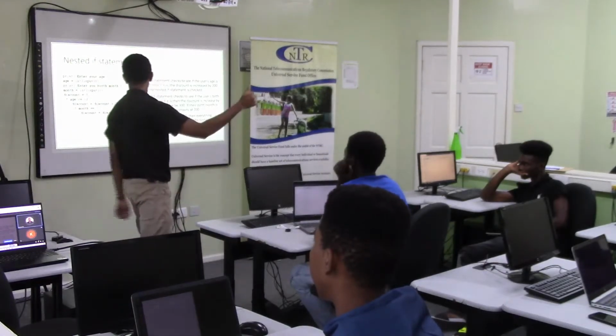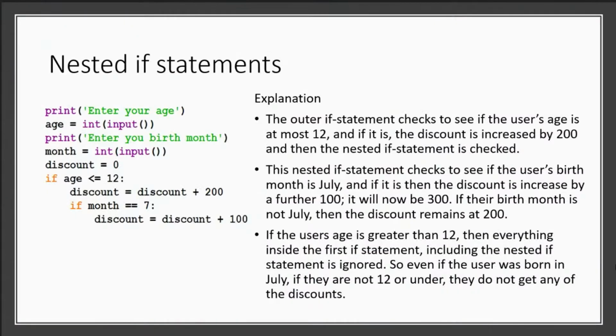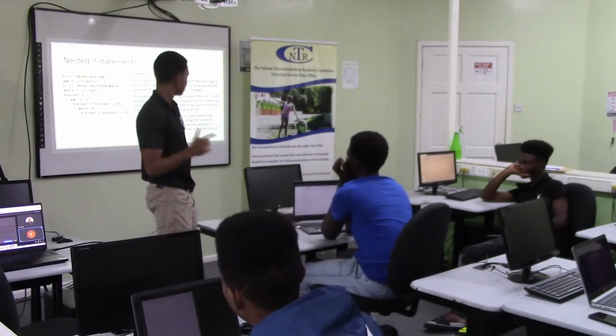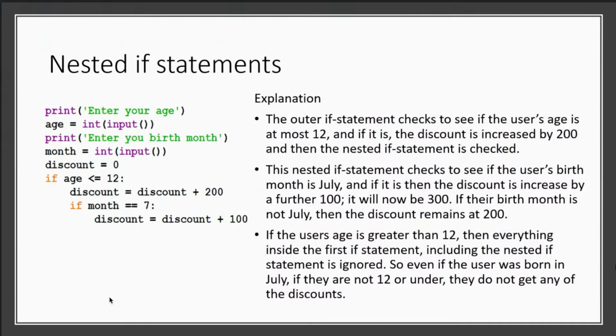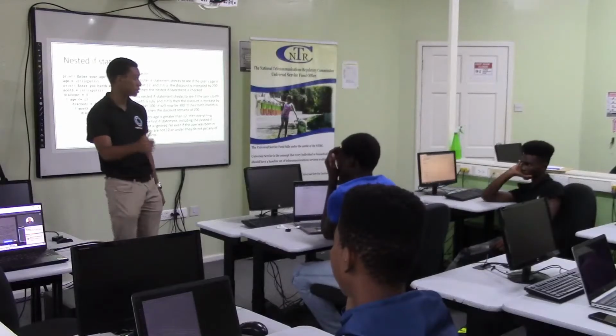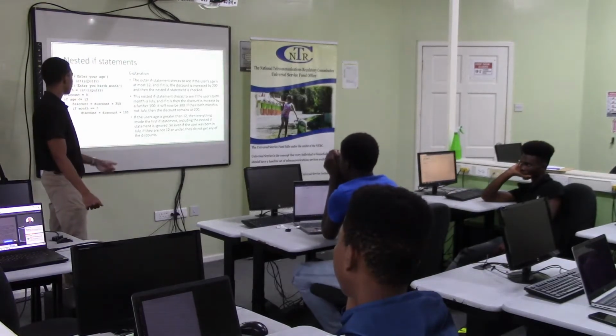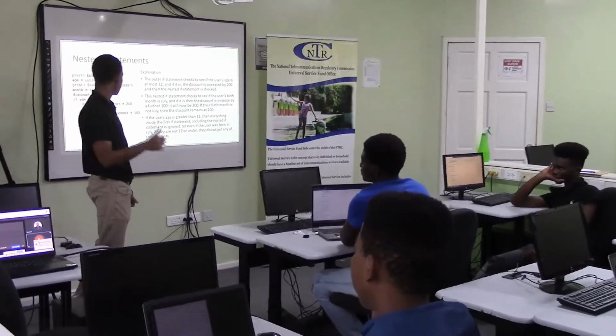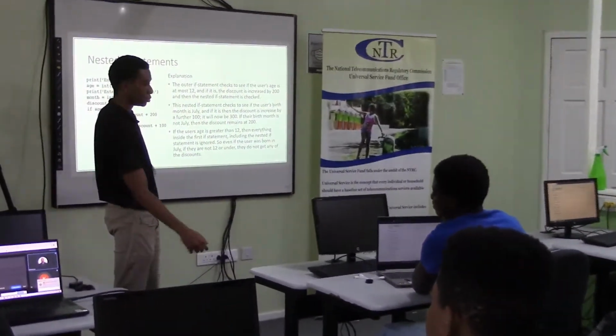Okay, so let's say my age is 9 and my month is 1. Your discount is $200. And then we checked this if statement, and my month was 1, which is not equal to 7, so we never ran this code.